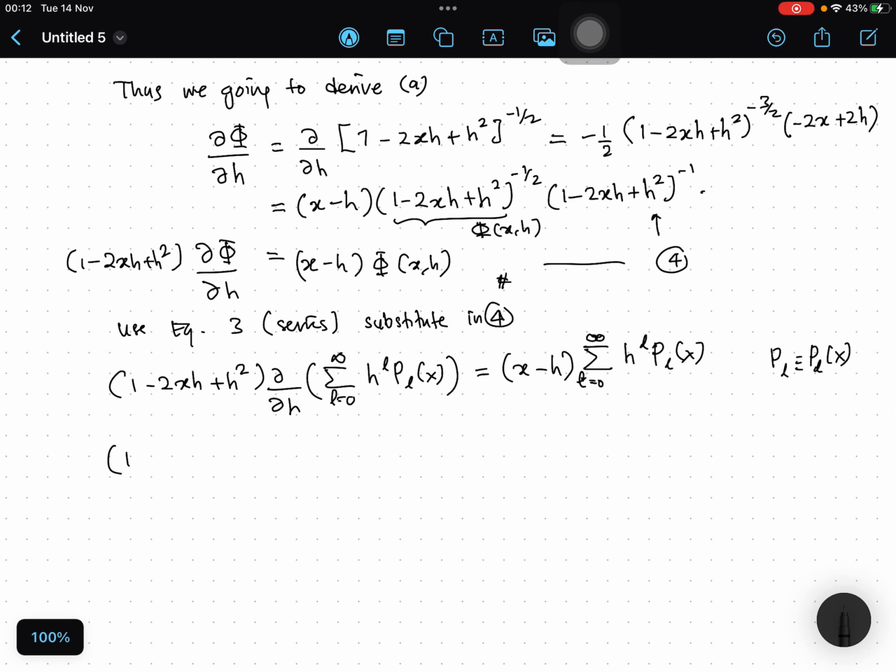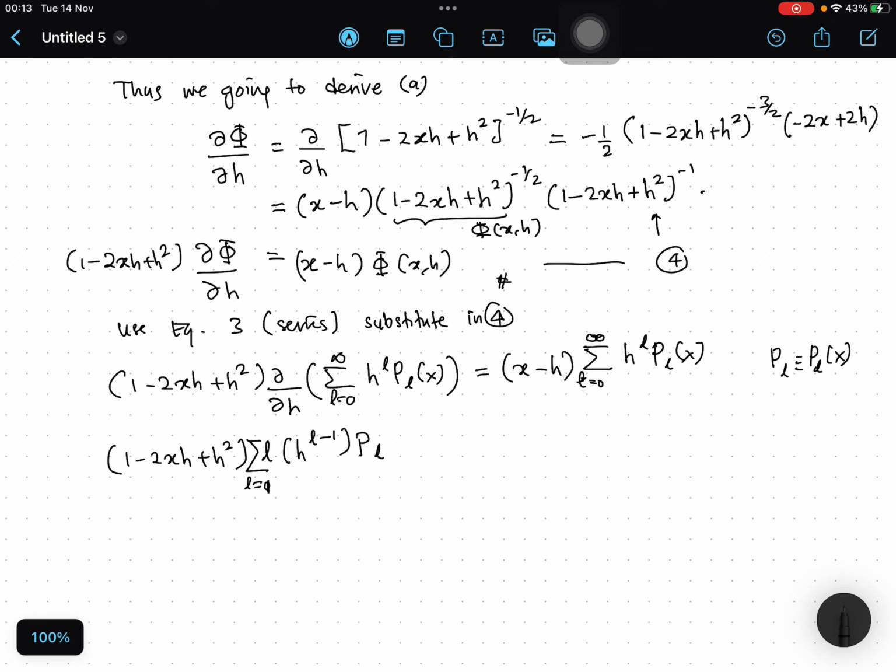Then we proceed. So what do we do? You have 1 minus 2xh plus h squared, and then the partial derivative with respect to hl, and then you have hl minus 1 pl, where you still have the sum.